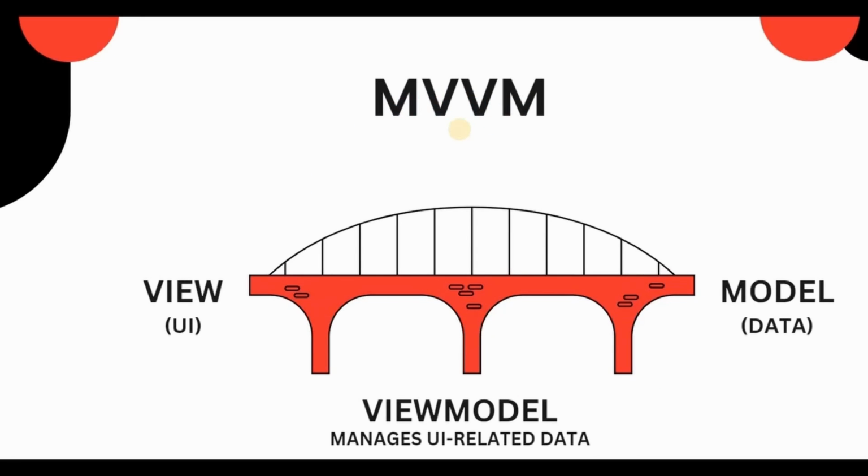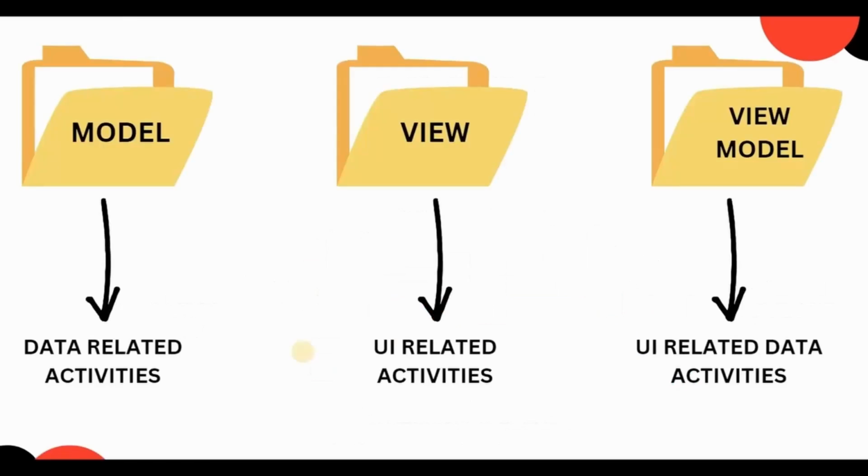So now, let's quickly understand its 3 components as well. That is model, view and ViewModel. So model represents the data, view represents the UI, and ViewModel represents the communication that takes place between view and model. Simple, right? See, whenever you create a project using MVVM, make sure to create 3 different packages inside it.